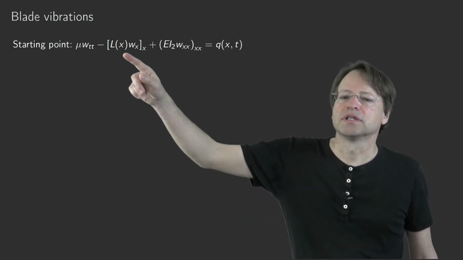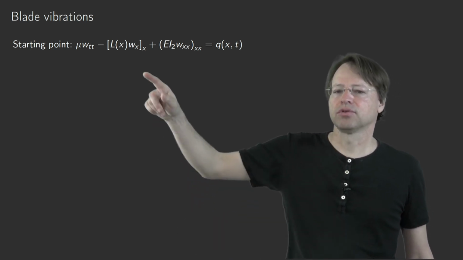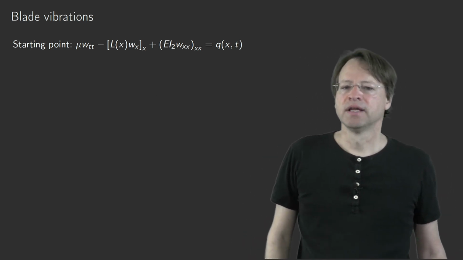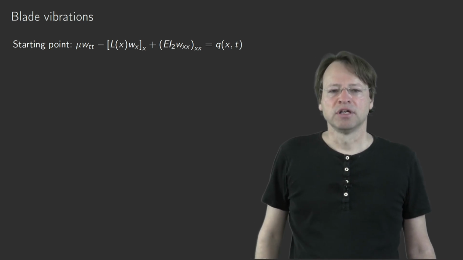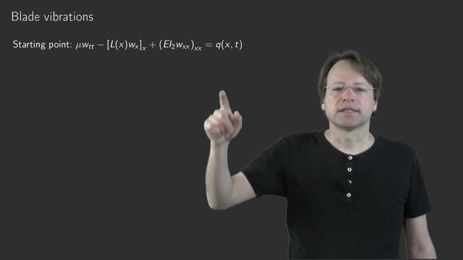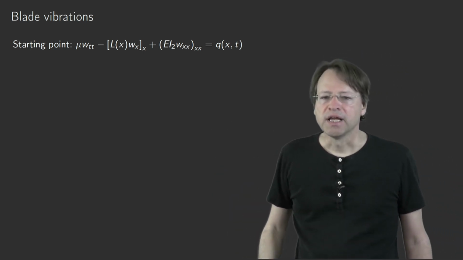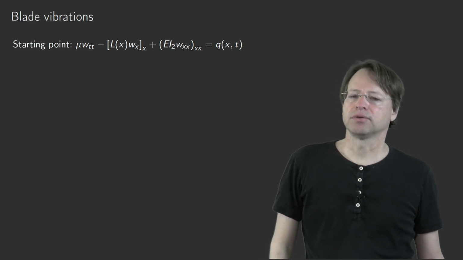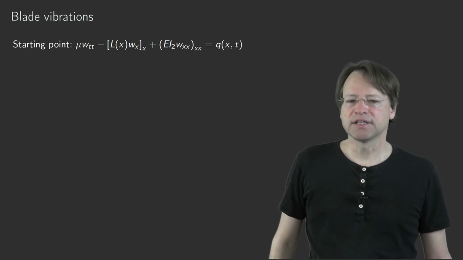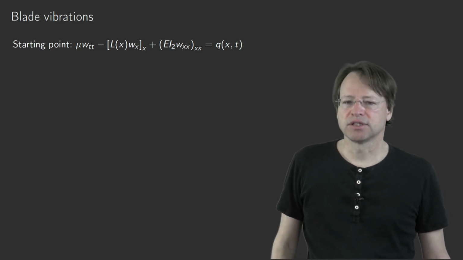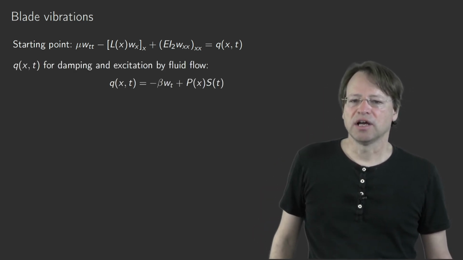Then it includes the linearization by introduction of L of x, the reaction force in axial direction. On the right-hand side, that's the only point where something changed with respect to the previous video, is now the forcing function Q of x and t. In that forcing function, we will take into account not only the excitation, but also some damping, because some damping will be present in the system. That's necessary in order to avoid that the amplitudes at resonance are infinitely high.